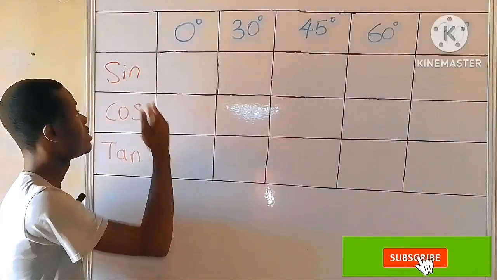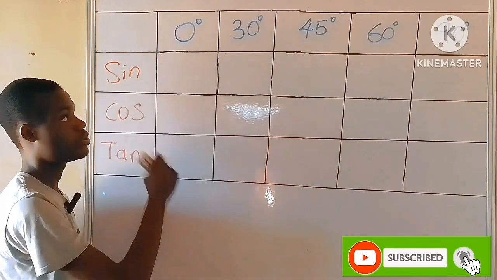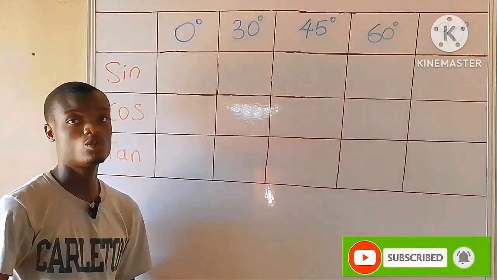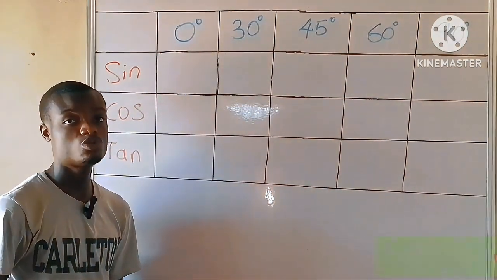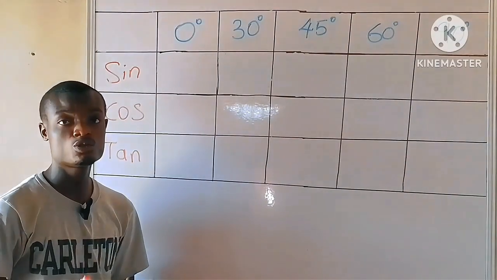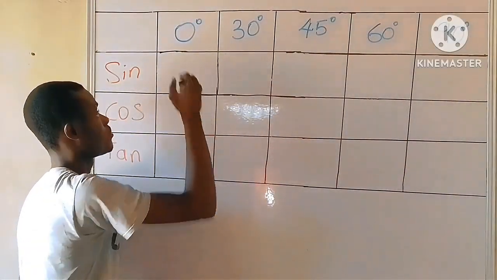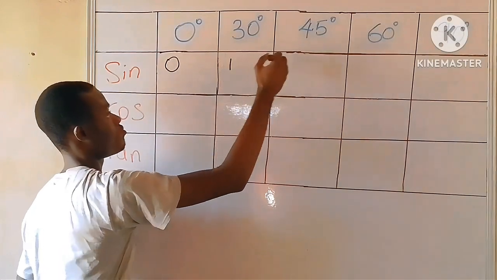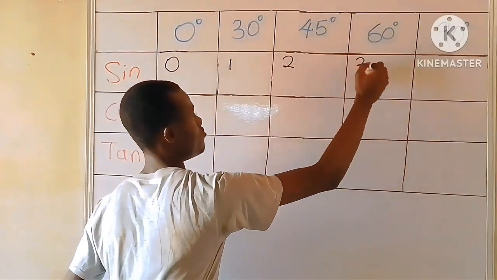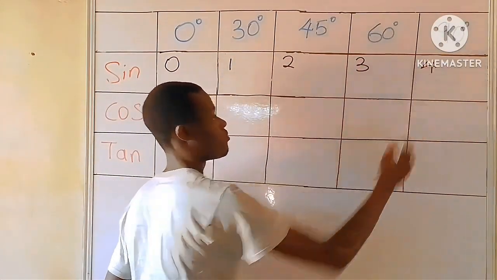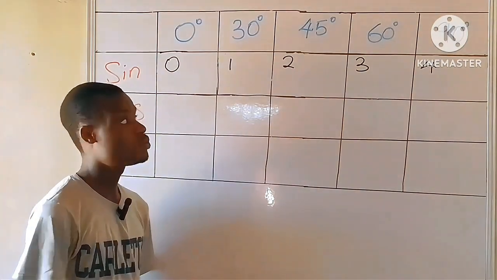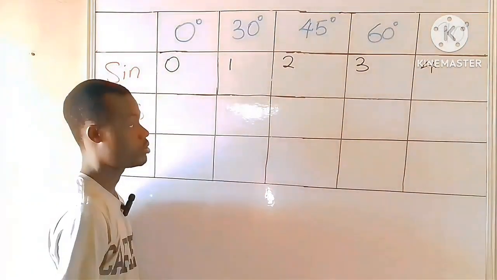So we have sine, cosine, and tangent on this column, and we have our special angles on the other column. The first thing we have to do is to number from 0 to 4 on the sine column. We have done that. We are going to take the square root of these numbers.